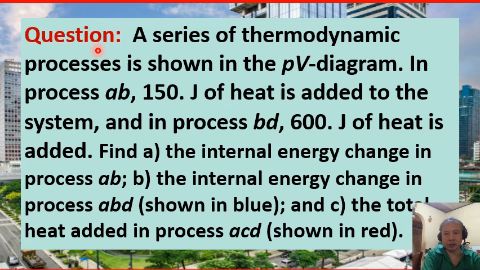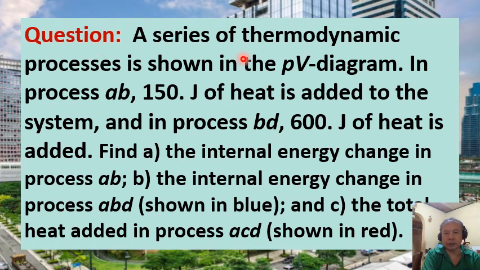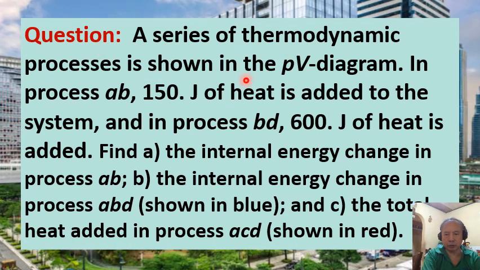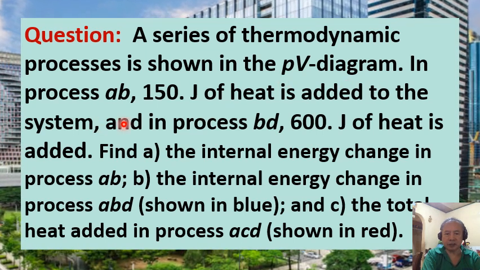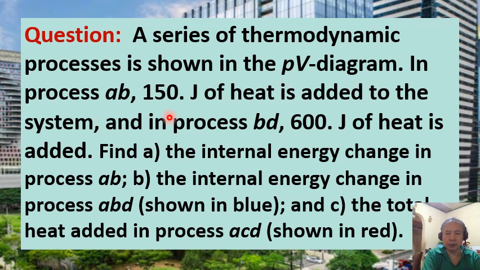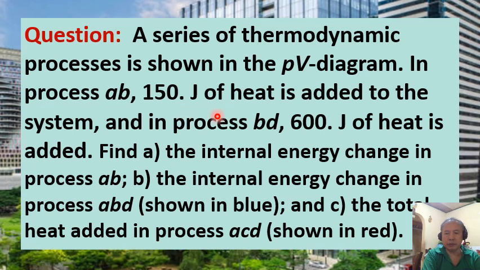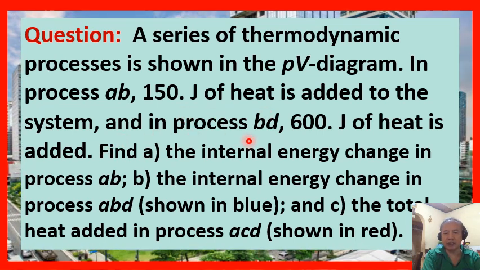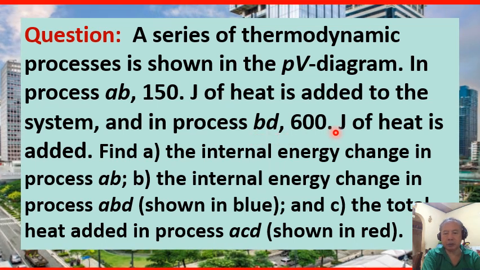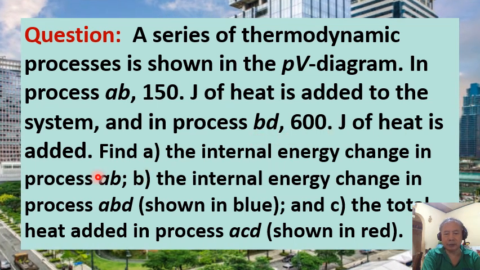The question is, a series of thermodynamic processes is shown in the pressure volume diagram. In process AB, 150.0 joules of heat is added to the system, and in process BD, 600.0 joules of heat is added.